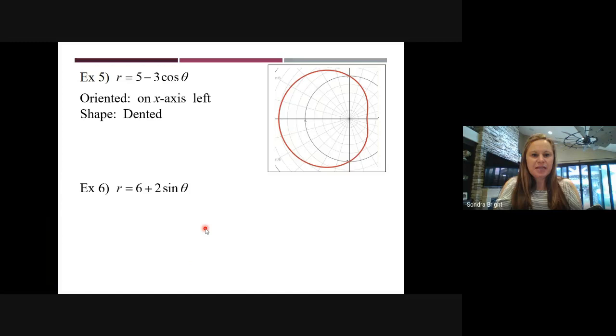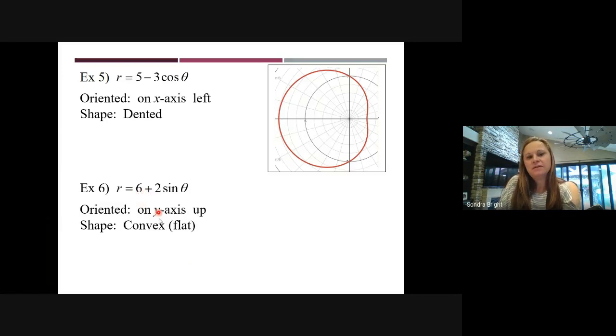6 plus 2 sine of theta. This is oriented, sine says on the y-axis. Plus sign here says above, so the largest part is up above the origin. The shape: 6 is bigger than 2, and it's 3 times as big, so this is the flattened out side. This is the convex limaçon, where there's a flattened out side.